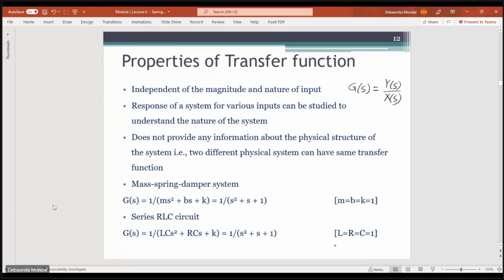If you provide a step input, you will have some kind of output y. If you provide a ramp input, you will have a different kind of y. But since you are taking the ratio of Y(s) by X(s), the transfer function is actually independent of the magnitude and the nature or type of input that you are providing.